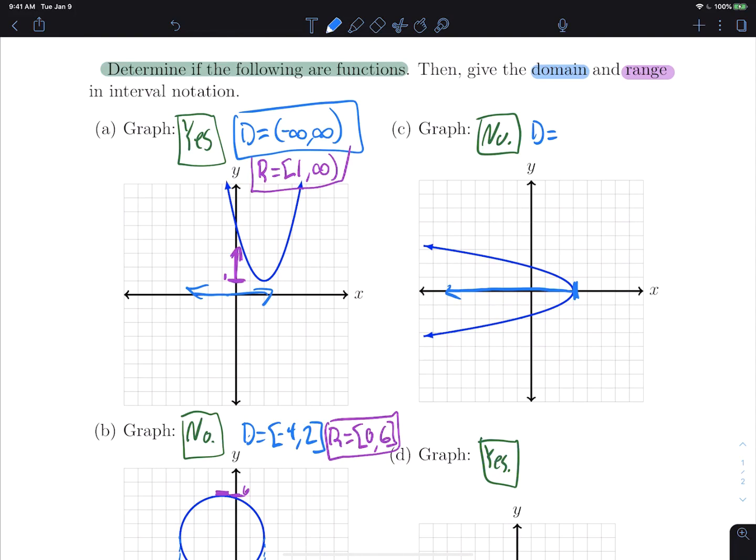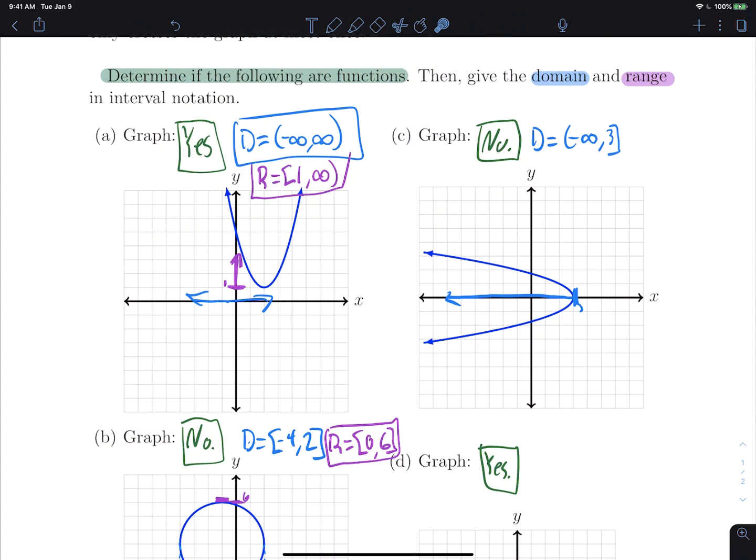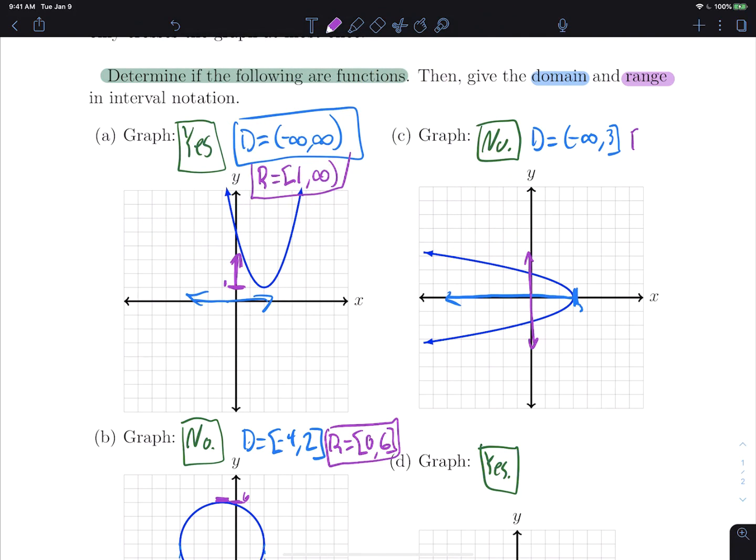So the domain here starts at negative infinity, but it ends at this x value of 3. As for the range, notice that there's an arrow pointing up and to the left, and there's an arrow pointing down and to the left. In other words, this goes down forever, and it goes up forever, and everything in between. So the range here is going to be negative infinity to infinity.